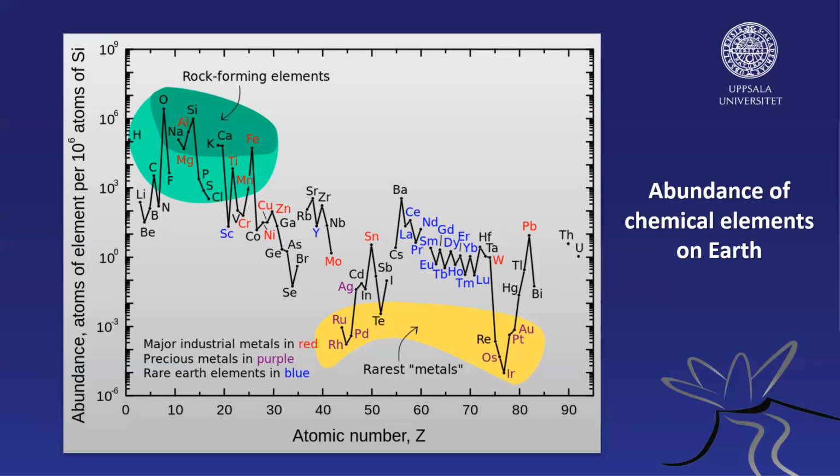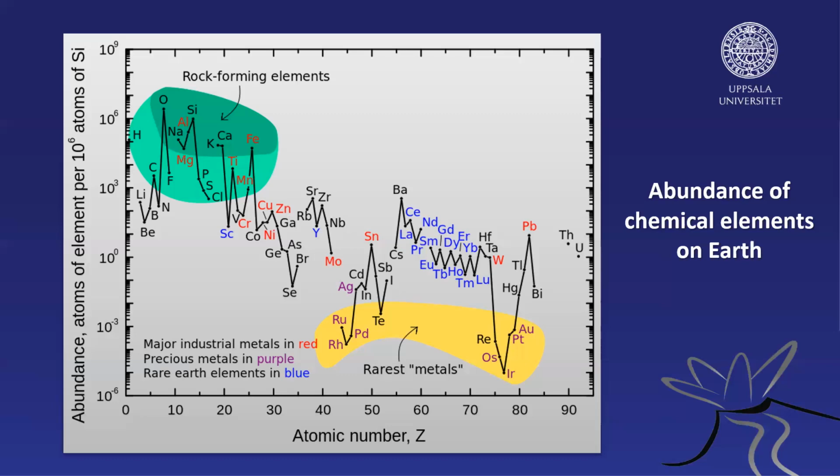And we can compare with other elements that are the so-called rare earth elements. You know that the rare earth elements, for some of them, are as abundant as copper. Not all of them, of course. But look at tungsten.